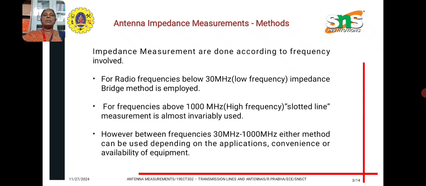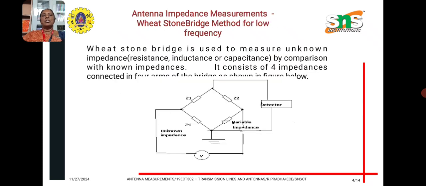For example, for radio frequencies below 30 megahertz, that is low frequency, the impedance bridge method is employed for antenna impedance measurement. And for frequencies above 1000 megahertz, that is at high frequency, slotted line measurement is almost invariably used. However, in between these two frequencies, 30 to 1000 megahertz, either method can be used depending upon the applications, convenience and availability of the equipment.